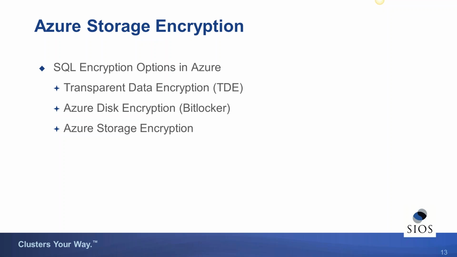What I like about this is there's no additional overhead on the host that is writing to that storage. I've tested this to verify that there's no additional overhead whatsoever. If you check the box, all new writes are encrypted, and that's the key right here. Anything that was on that storage account before you turn on the encryption is not encrypted, versus Azure Disk Encryption.